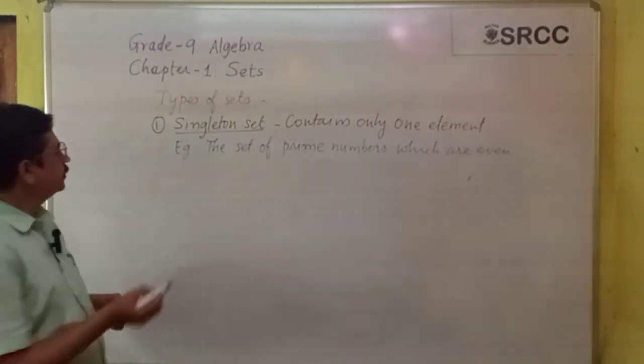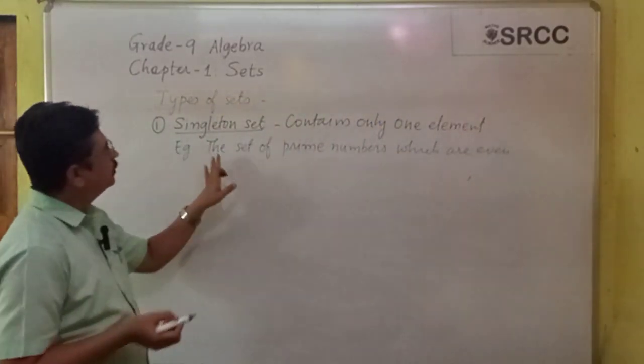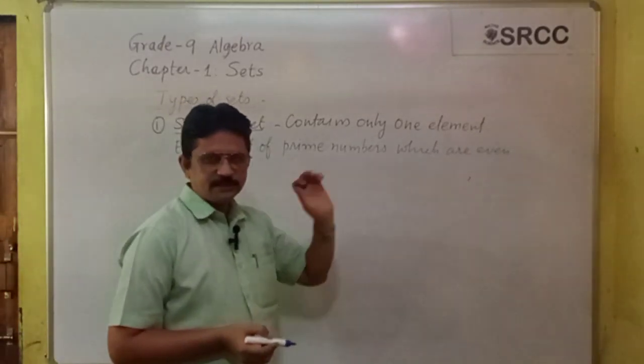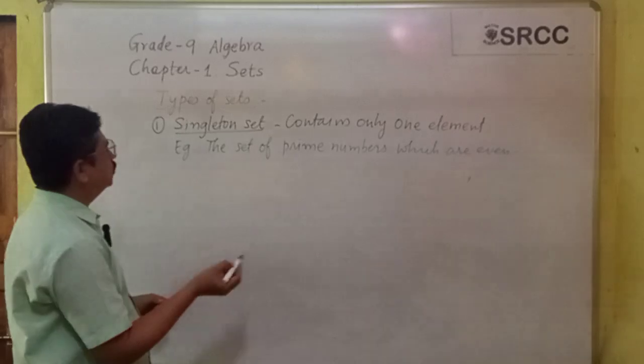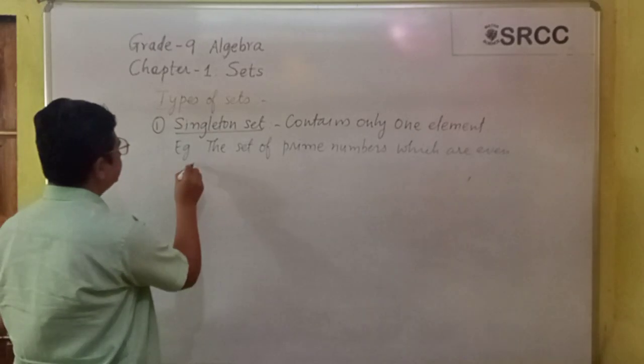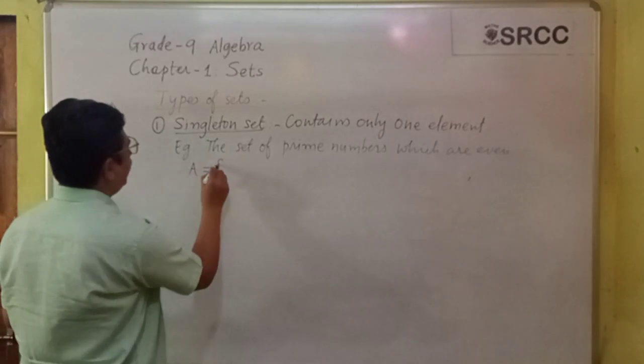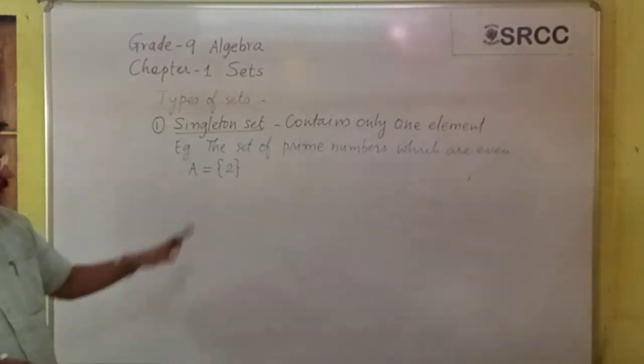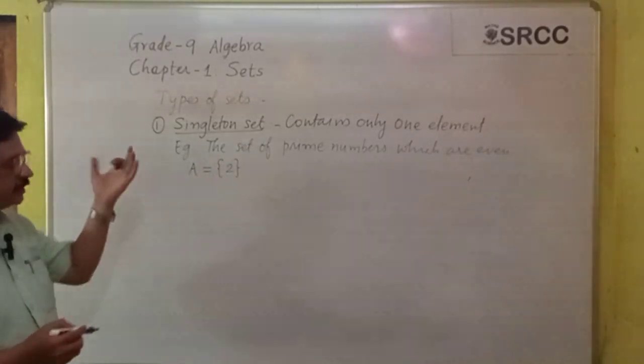We all know that there is only one even prime number, and that is the number 2. So if we say A is that set, then A contains only one element, that is 2.